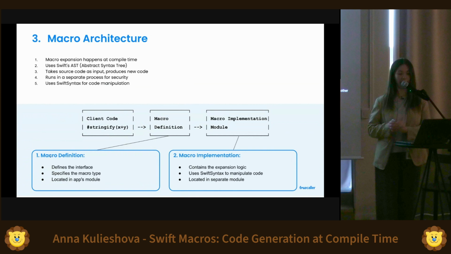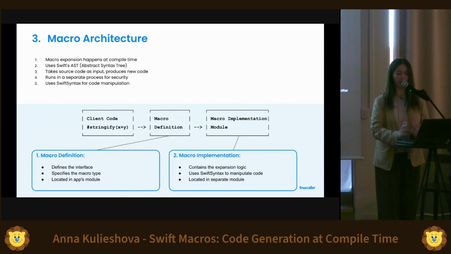Let's look a little bit at the architecture of how macros work. It starts with your client code, where you use the macro, and then it goes to the macro definition. Here it defines the interface and type. This sits in your app's module, and then it goes to the macro implementation module, where all the logic of code generation happens, and for security it's located in a separate module.